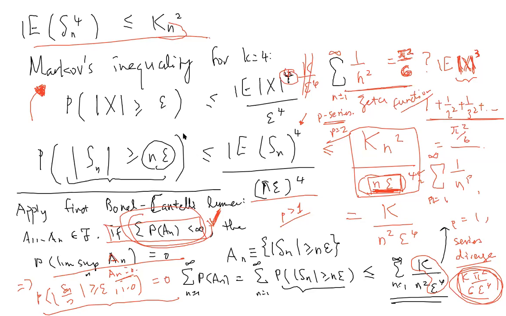So this is your strong law of large numbers, yeah? The proof. Okay. So once we have the strong law of large numbers, we will now show the weak law of large numbers.